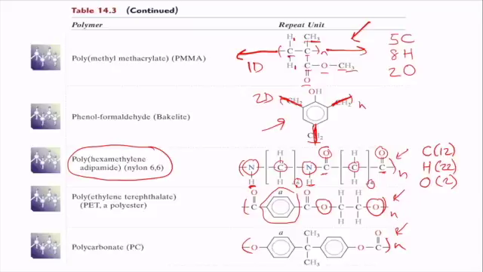And that again makes it very difficult to crystallize, since the shape is not nice and straight. Even though there aren't really big side groups hanging off of this one, the shape doesn't allow it to crystallize very well. So PET is a very clear material, but this, and this make the material actually quite strong.